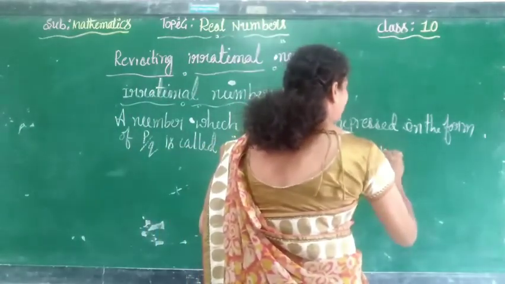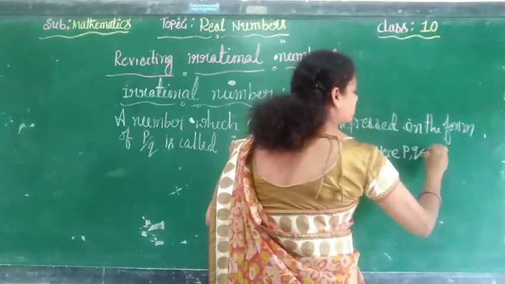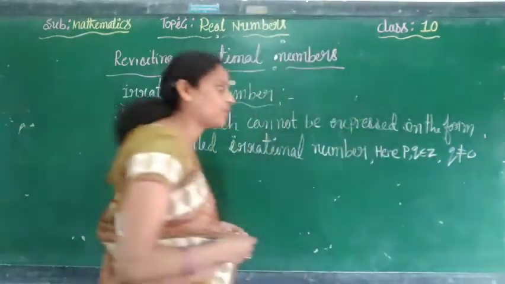Here P, Q belongs to Z, where Q is not equal to 0.